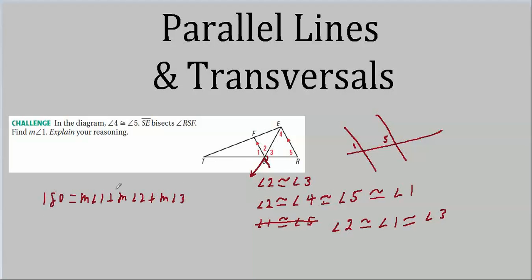But they're all congruent. It means they all have equal measure. So just pick one. Let's say angle 1. The measure of angle 1 times 3 equals 180, or measure of angle 1 is 60 degrees.